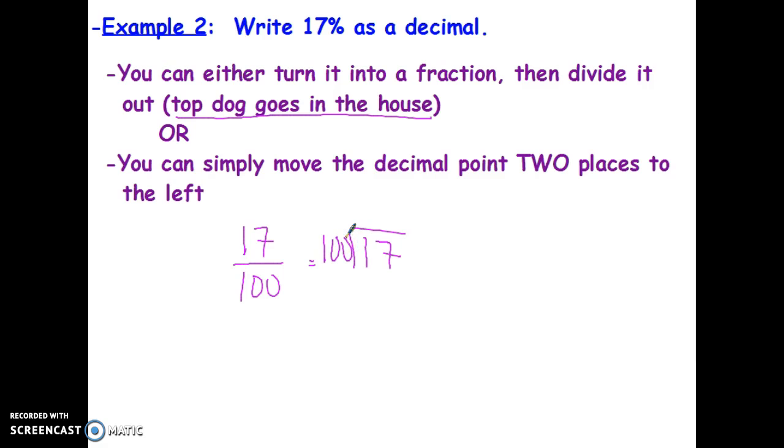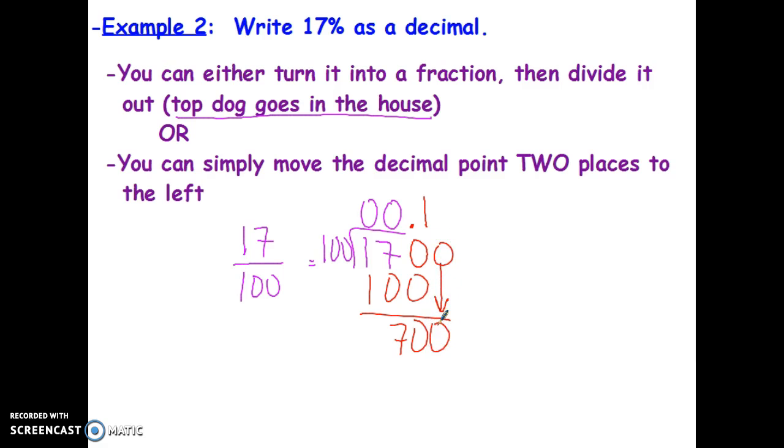100 can go into 1 0 times. 100 can go into 17 0 times. So I'm going to add a decimal and a 0. 100 can go into 170 one time. 1 times 100 is 100, so that gives me 70. Again, I have to add another 0 to keep solving.